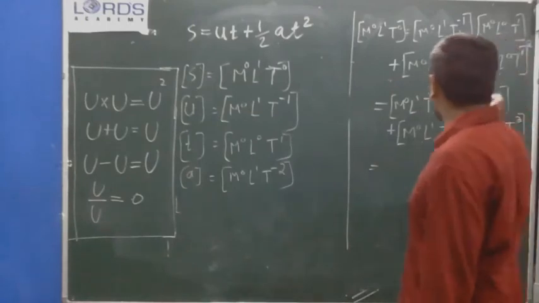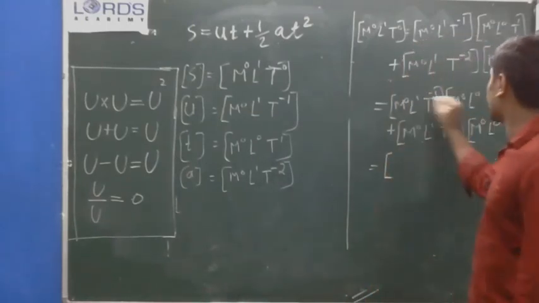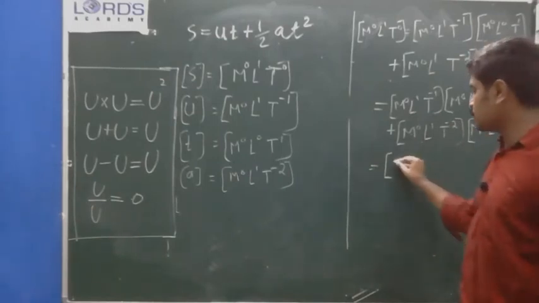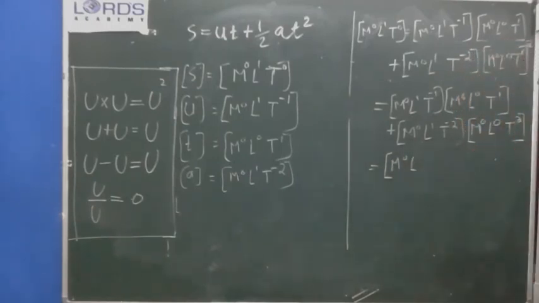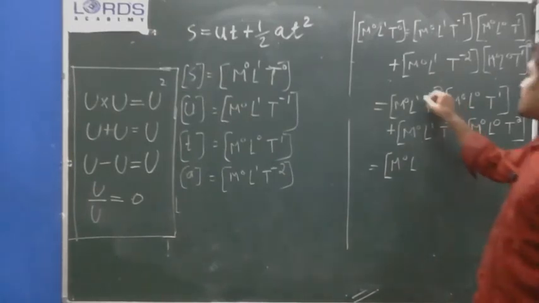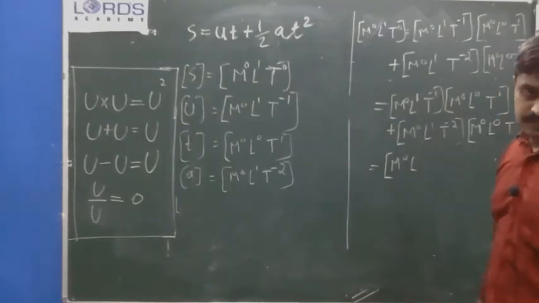So we can multiply these two. What do you obtain? M raised to 0, L raised to 0. See, if you want to multiply powers, just add them.